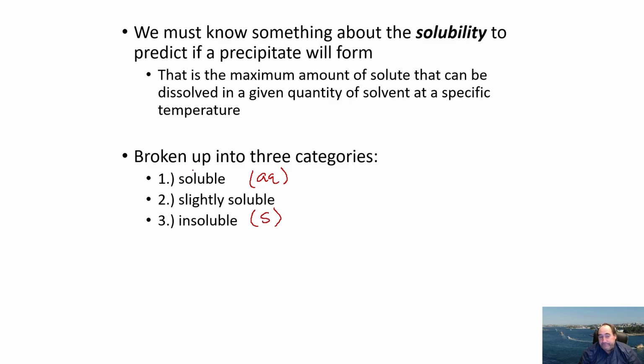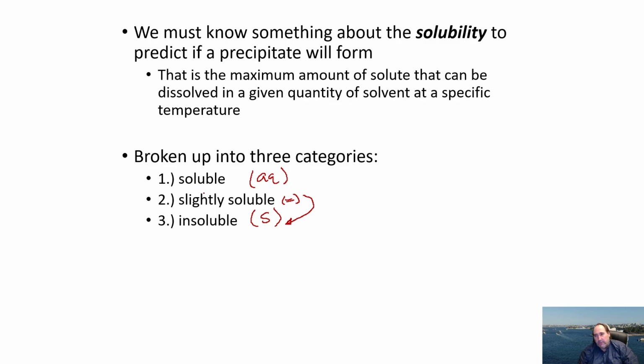Now, there is also another category which is slightly soluble. And in most cases, slightly soluble is usually considered to be more like being insoluble. You see something that's slightly soluble, it really is what the name sounds like. A little bit of it will dissolve, but most of it will not dissolve. So most people will consider slightly soluble to be leaning more towards being insoluble.